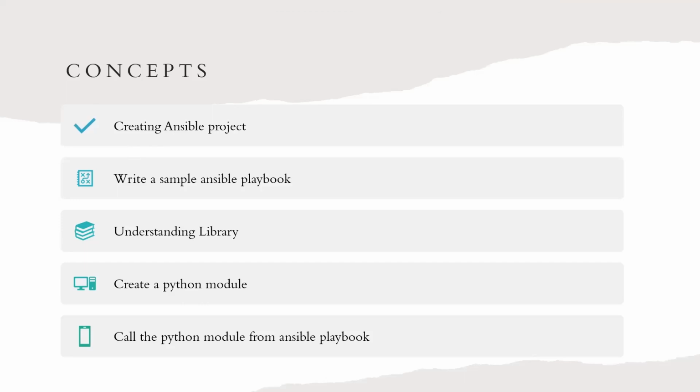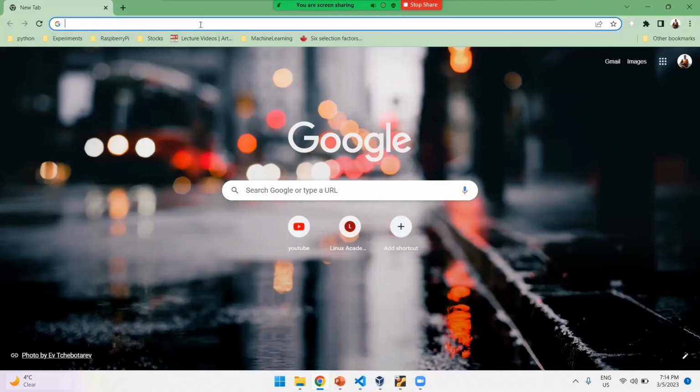Generally, when you execute a Python program, it might require some parameters. So how the interaction between an Ansible playbook and a Python module works in order to pass the parameters from Ansible to Python, that is where the whole understanding of the library comes into the picture. Without further delay, let's get started.